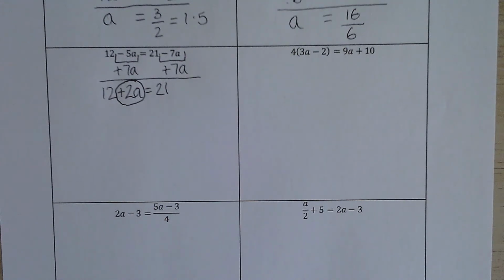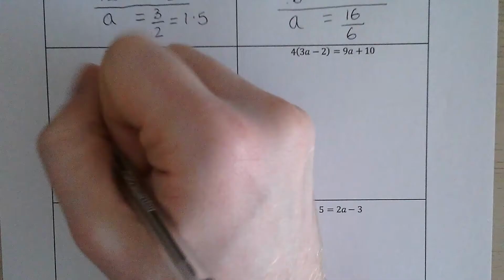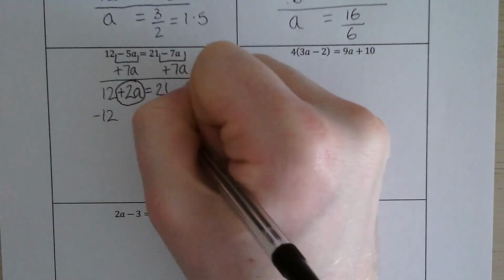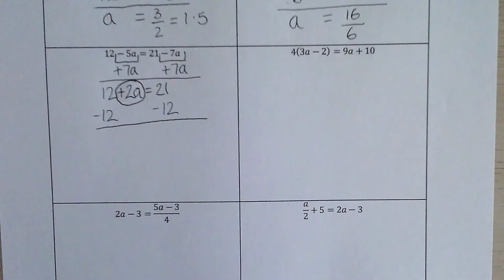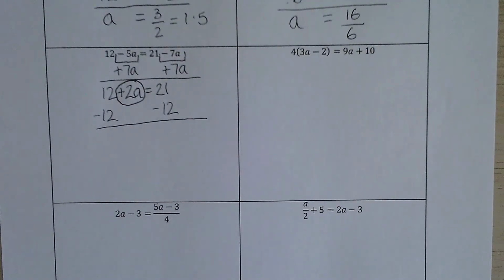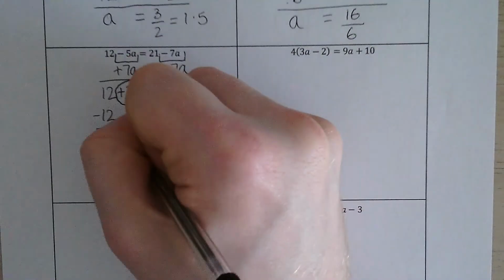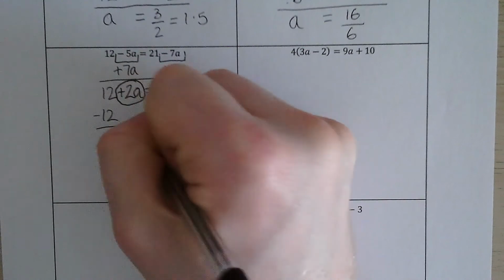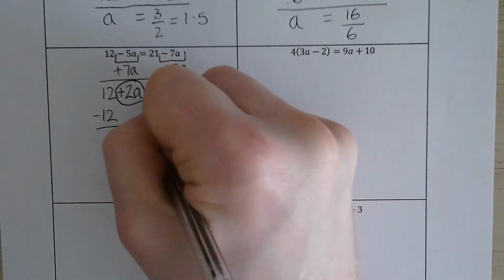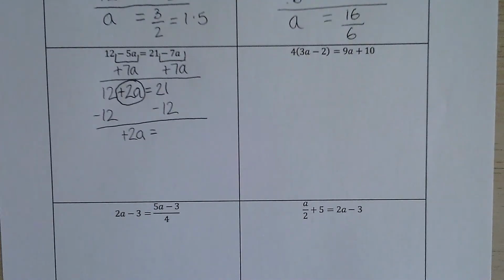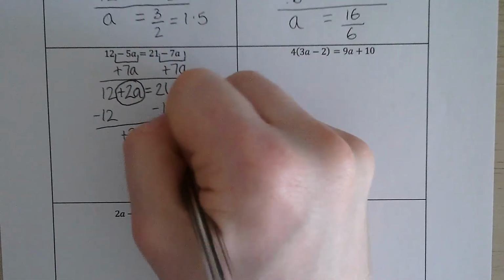Therefore, we need to get rid of 12. This 12 and 2a were being added together, so the opposite of adding 12 is subtracting 12. The 12s cancel each other out. The positive 2a will just drop down to the next line. The equals will drop down, and then 21 take away 12 leaves us with 9.